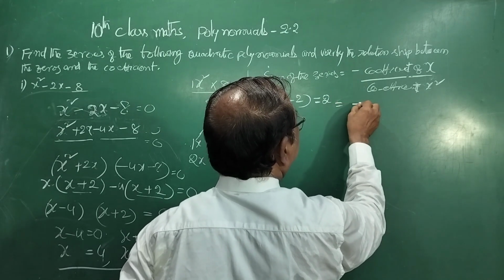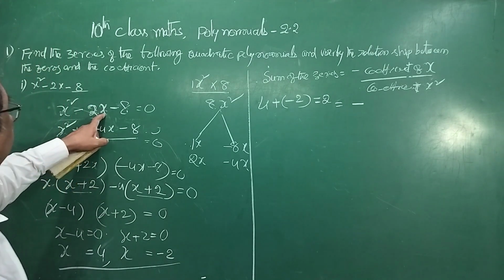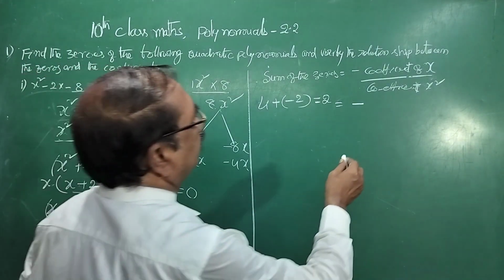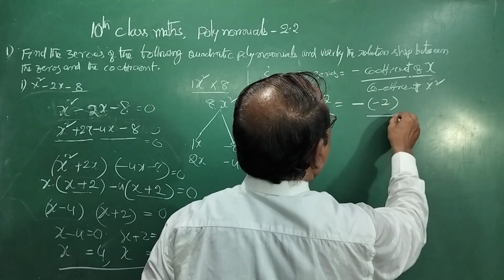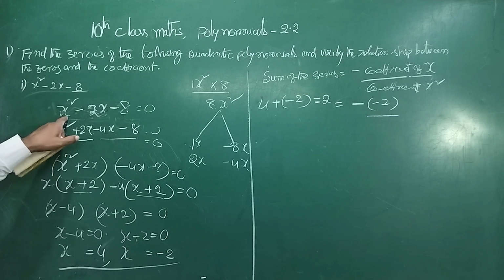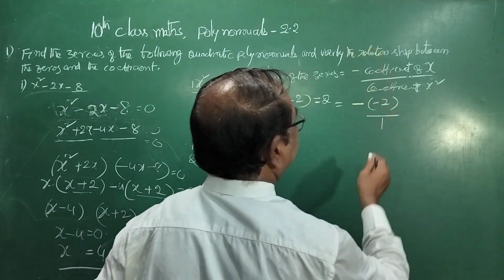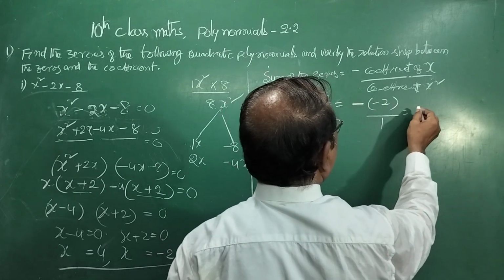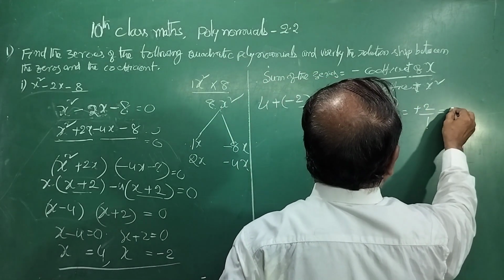Let us write minus 2 by the coefficient of x square. X square coefficient, what? Nothing means 1x square, 1 is the coefficient. Let us see. Minus into minus 2 is plus 2, 2 by 1, that is equal to 2.